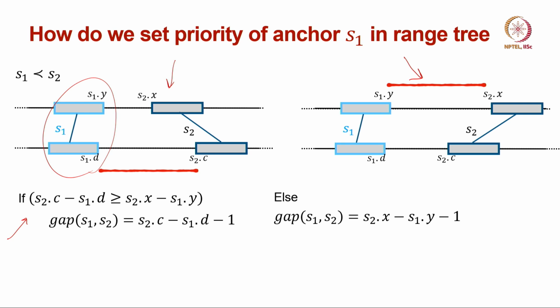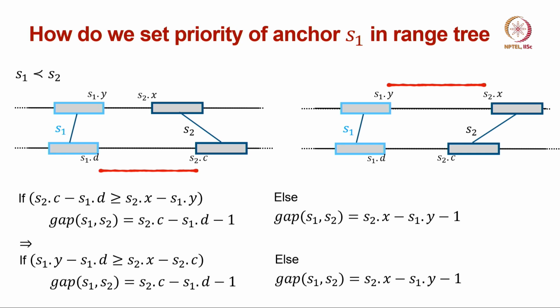Depending on whether this quantity exceeds this quantity, the gap cost will be determined by S2.c minus S1.d minus 1. Otherwise the gap cost would be determined by the number of characters between the anchors on sequence 1. Because we are taking the maximum of both, either it will be the left hand side or the right hand side.